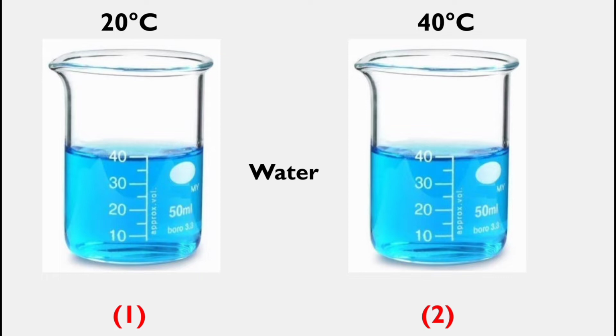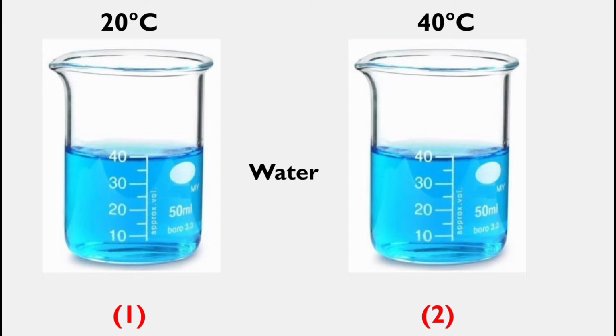In the first step, I'm going to take 40 milliliters of water in a beaker and heat it by 20 degrees Celsius, and at the same time I'm going to note the time taken. Suppose it takes 5 minutes.